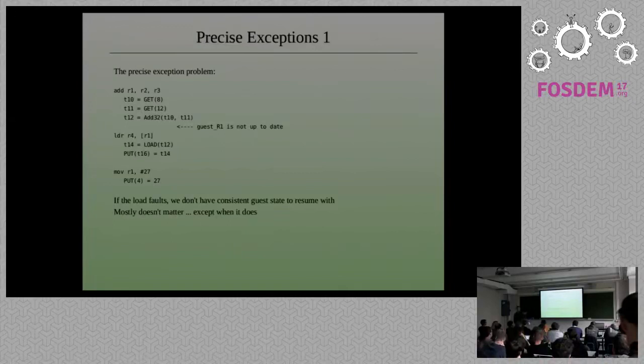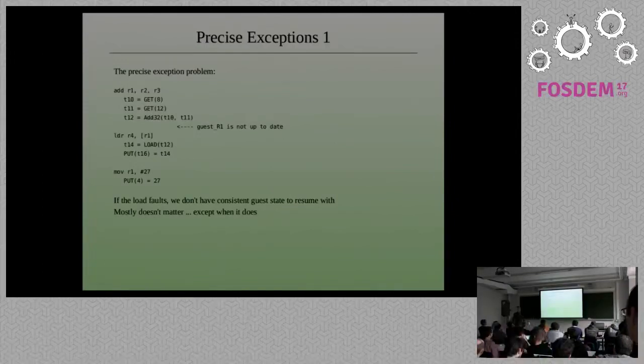Well, that sounds good, right? But actually, if this load faults, then we are not going to be able to complete simulating this instruction, and so we're going to have to leave the simulator and deliver a signal to the simulated application, and we do not have an up-to-date value of R1 at this point.